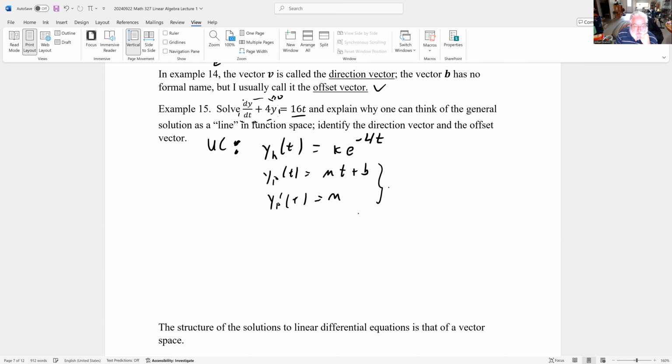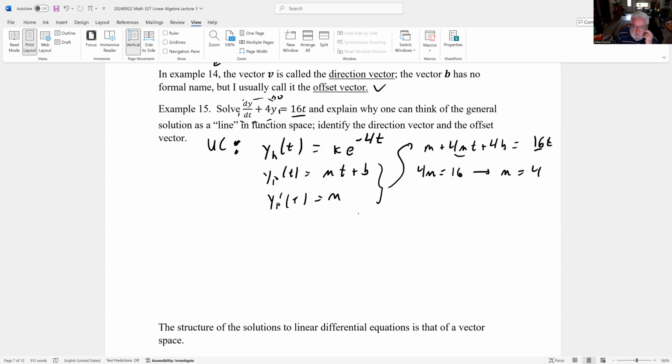So putting these together to get my coefficients, what do I get? I get m plus 4 times mt plus 4b equals 16t. So my 4m has to be equal to 16, which means that m equals 4.